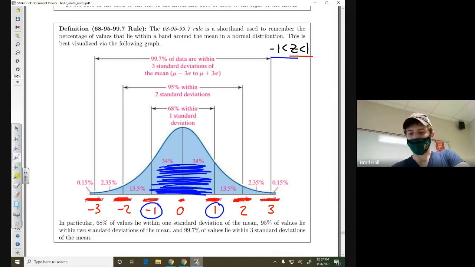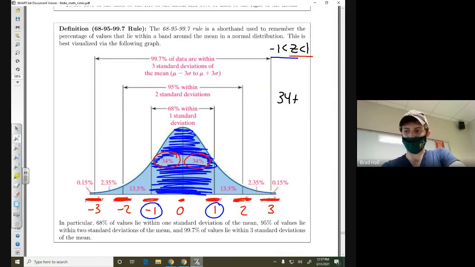I'm not going to shade in those percentages because we need those, but it's this region that we're visualizing. The sum of those regions looks like we got 34 and another 34. So 34 plus 34, and guess what? That's 68.